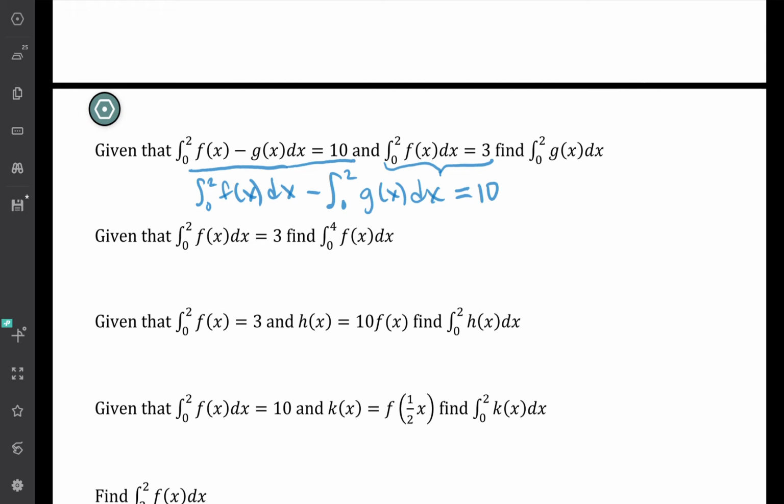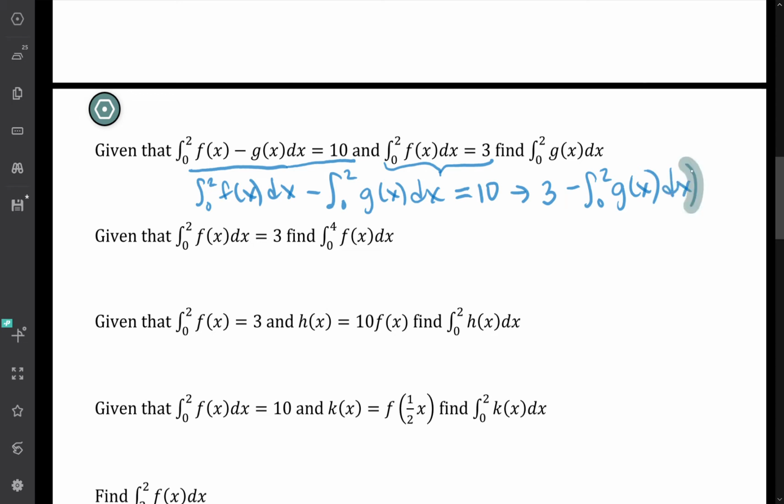I know that the integral of f is 3, so really I've got 3 minus the integral from 0 to 2 of g of x dx, that does not need a parenthesis, equals 10, which means that we can rearrange however you want. I'll leave the negative integral here.